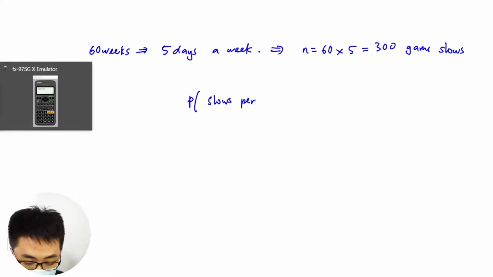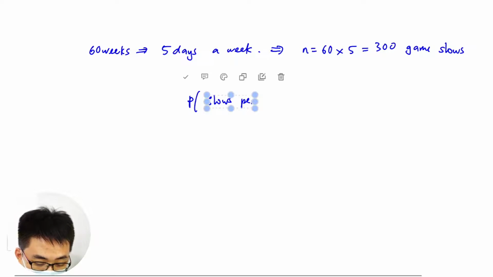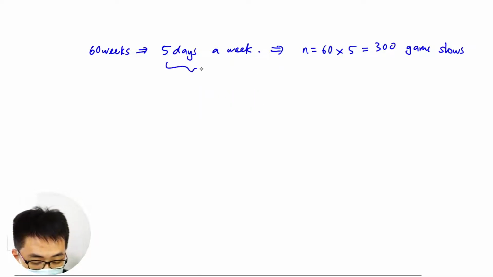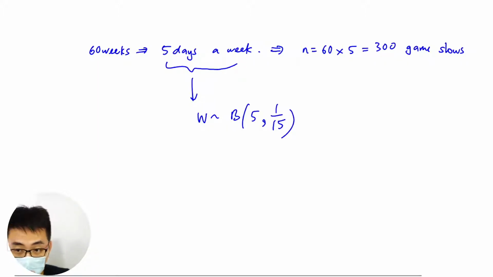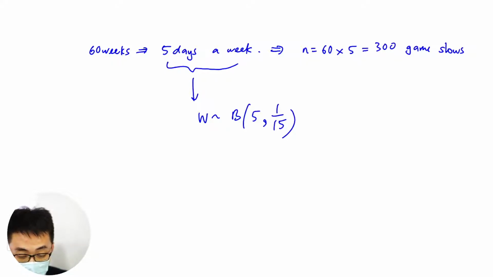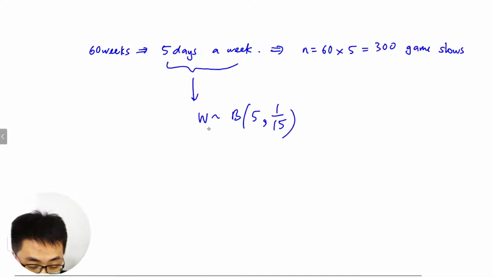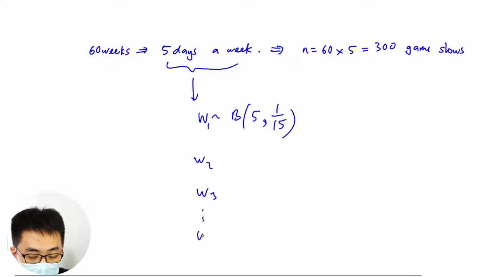So sorry, I don't need this one, because now every 1 week, let's say this is a binomial distribution with n equals 5, and every one has probability 1 over 15. This is every week. So you have 1 week, 2 weeks, 3 weeks, all the way to 60 weeks.